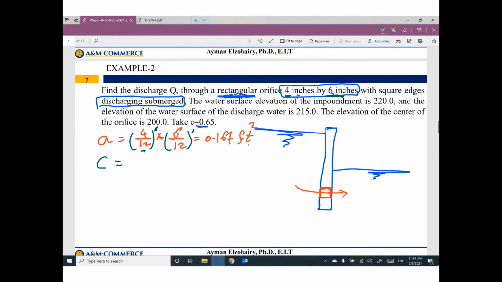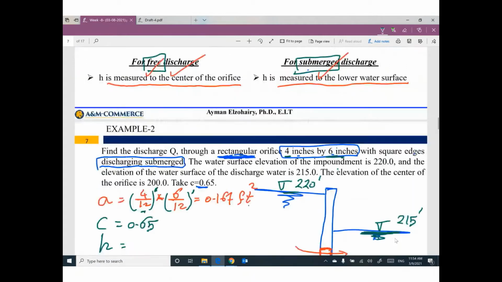The discharge coefficient is given as 0.65. Why did we draw the water level here and the water level here? Because this one is discharging submerged. The water surface elevation of the impoundment is 220, and the elevation of the water surface of the discharged water is 215. Can you tell me what is the value of H?